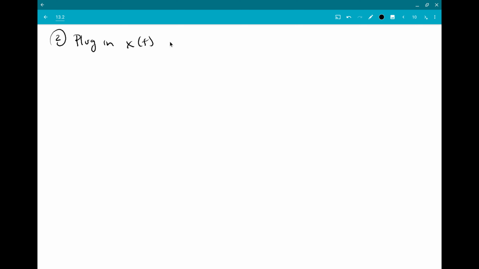And then you're going to plug in x of t, y of t, and z of t to your vector valued function F that used to depend on x, y, and z to get F a function of only t along your parameterized curve.